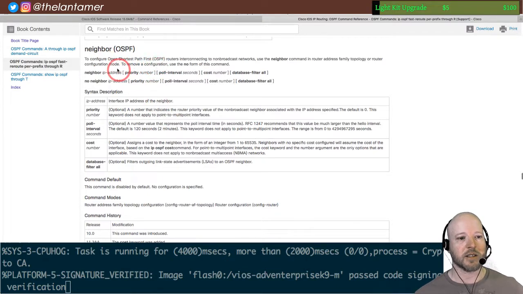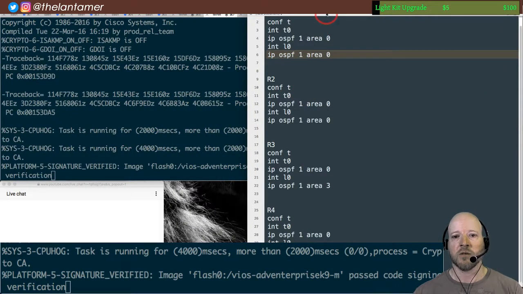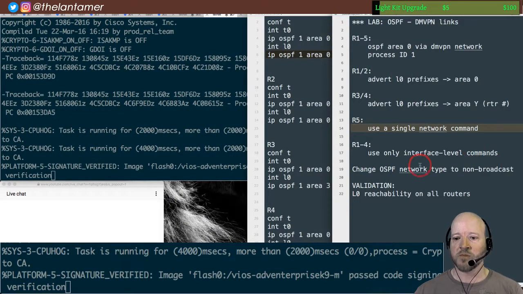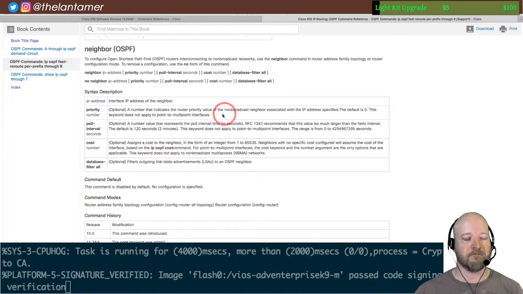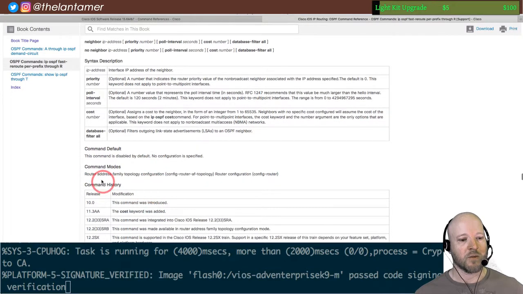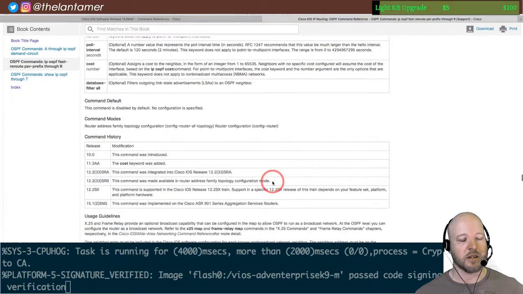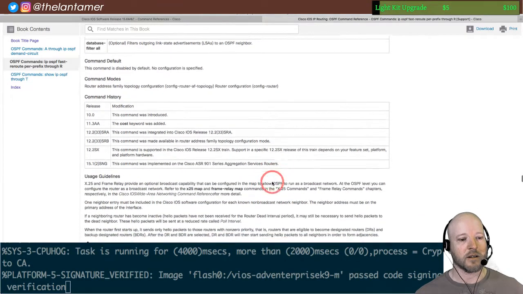So it almost looks like the neighbor command is going to have to be used. Our requirement here was that for routers 1 through 4 we use only interface level commands. But we want to change the OSPF network type to non-broadcast. If we do that, we have to add a neighbor.